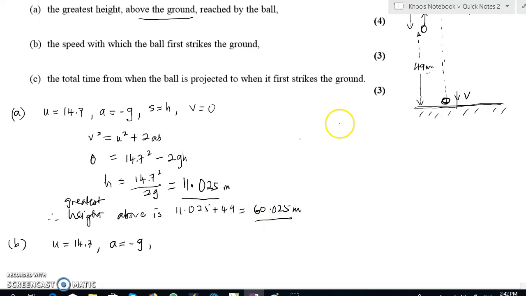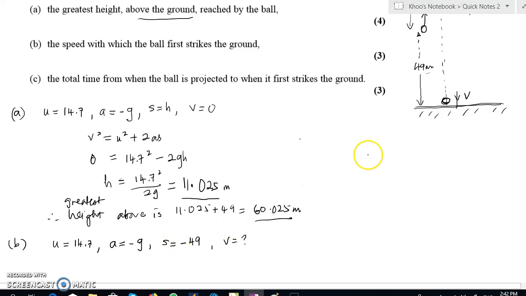So we don't bother even though it's coming down already. And then notice the displacement. In order to travel all the way up and come down, it actually displaces by 49 meters below. So that means it is negative 49. Alright, and the final velocity is what we want to find.